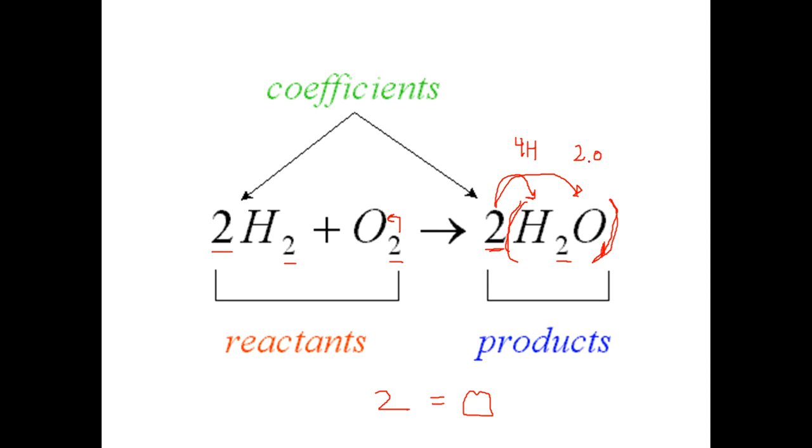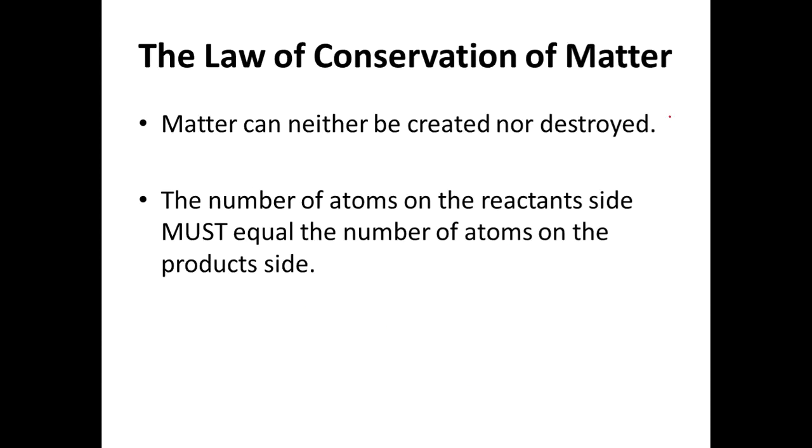So in this total molecule 2H2O, there are a total of 6 atoms: 4 hydrogens and 2 oxygens. I'm just breaking apart the chemical equation to make sense of things before we get going on what we're doing today, which is balancing chemical equations.